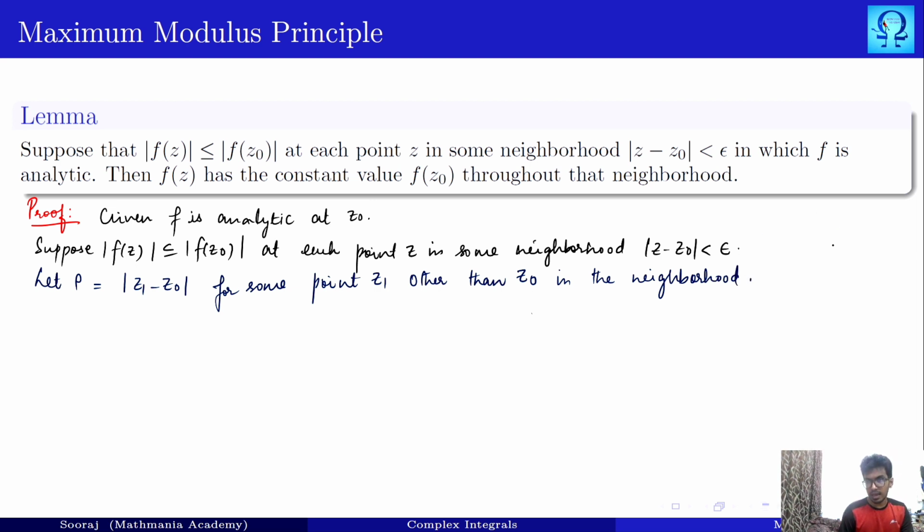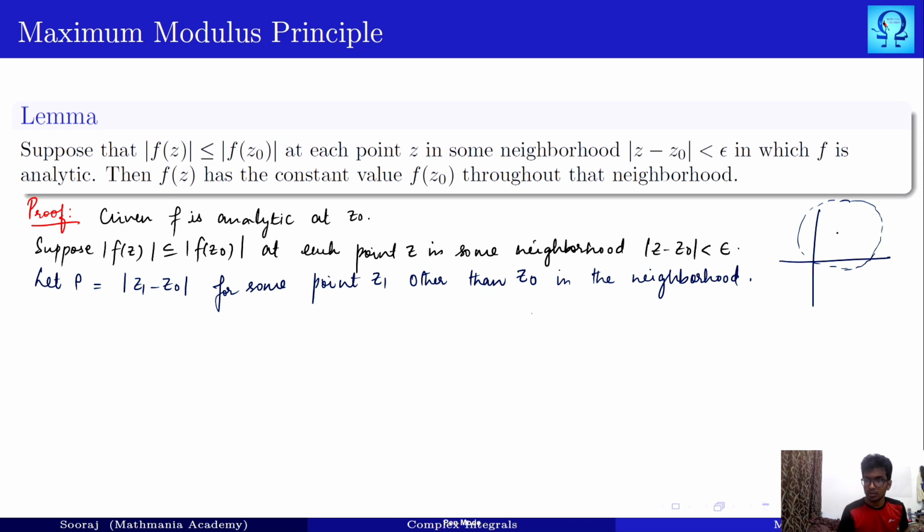So what is happening here is, suppose we have this as our z naught, and we have some neighborhood of this form.